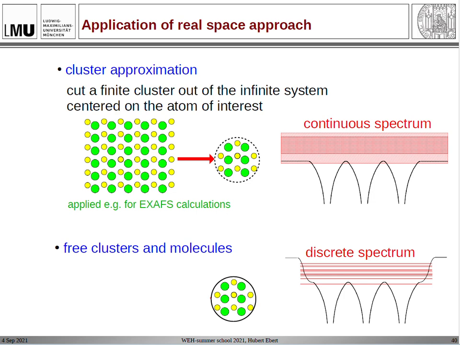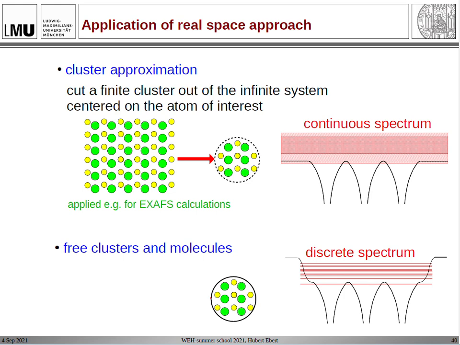If you use such a finite cluster for a free cluster situation, or you want to describe a molecule by it, then of course you have different boundary conditions if you do that calculation self-consistently. Then you have, so to say, some walls that keep the electrons in the system, and as a consequence, strictly speaking, you have a discrete spectrum in that regime.